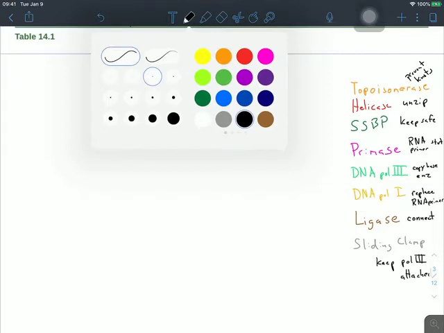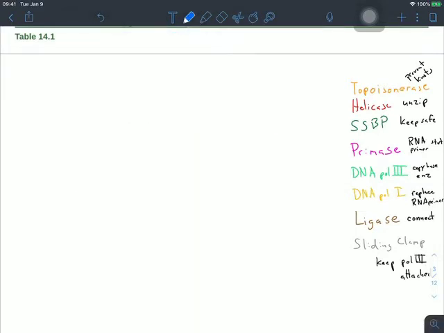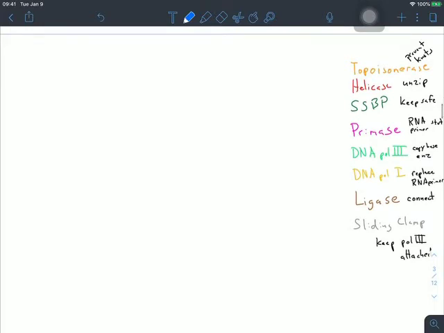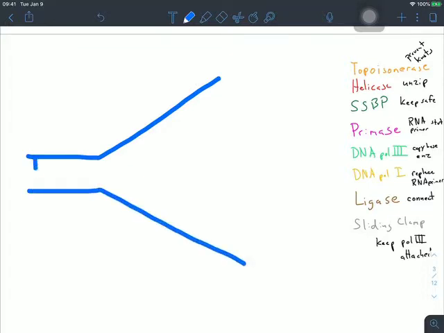We'll start by actually drawing our strands of DNA. So rather than trying to keep things complicated and swirly, I'm just going to draw DNA as single lines. So we'll have the unzipped portion of DNA and the zipped portion of DNA. So you'll have connections here that still need to be undone by helicase.